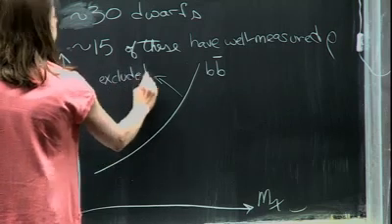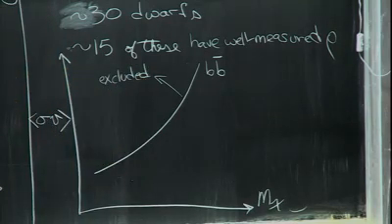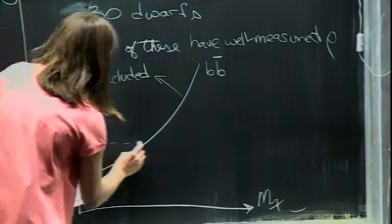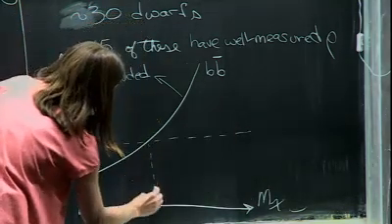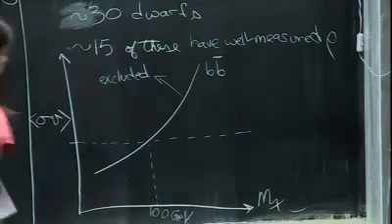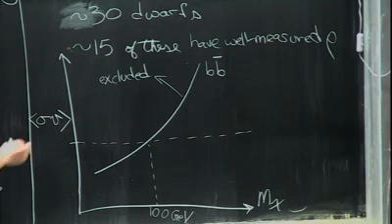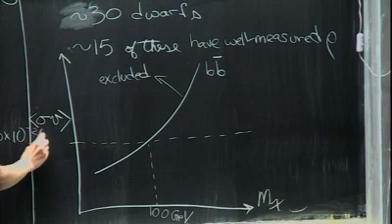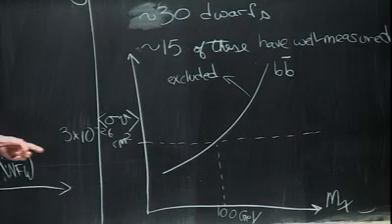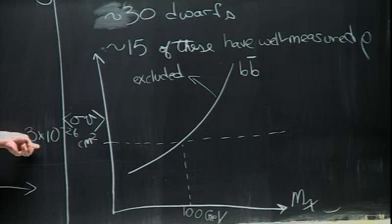And the most important thing to take away from the current dwarf bounds is that for a dark matter mass of 100 GeV, the current limits for the cross-section are roughly 3 times 10 to the minus 26 centimeters squared, which is the thermal annihilation cross-section for dark matter.